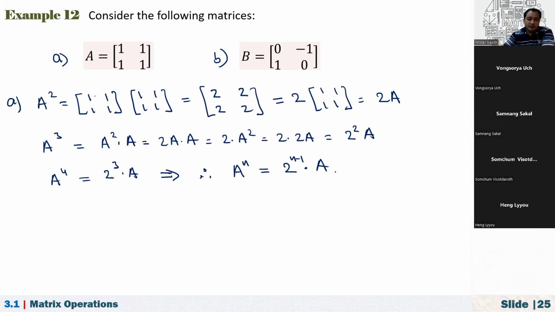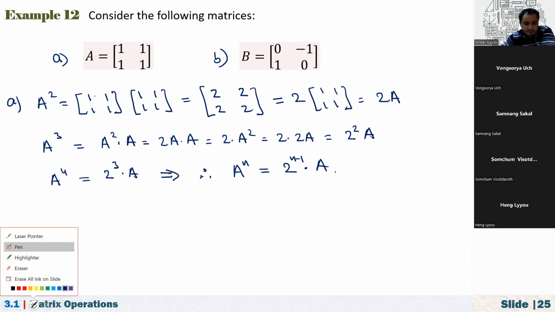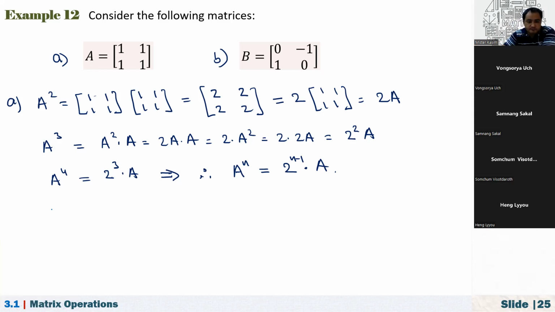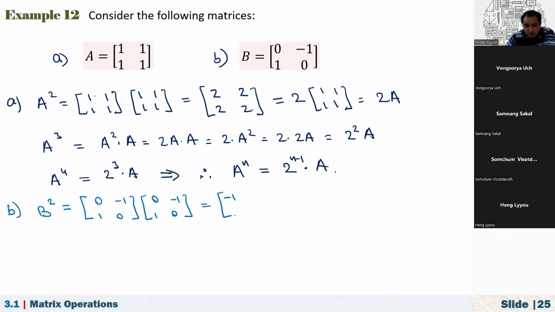How about example B? Let's actually consider first B squared. It's a bit different, right? So that is 0, -1, 1, 0, and since it's squared, we should multiply it by itself: 0, -1, 1, 0. So that's equal to 0 times 0, 0 plus -1 times 1, it is -1.